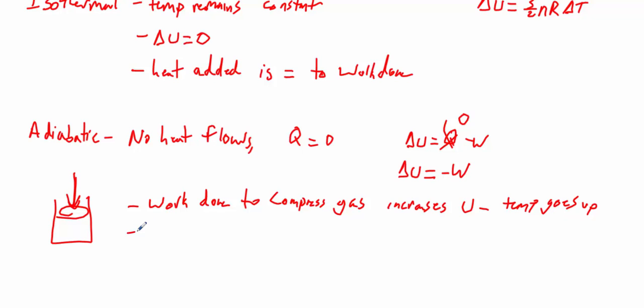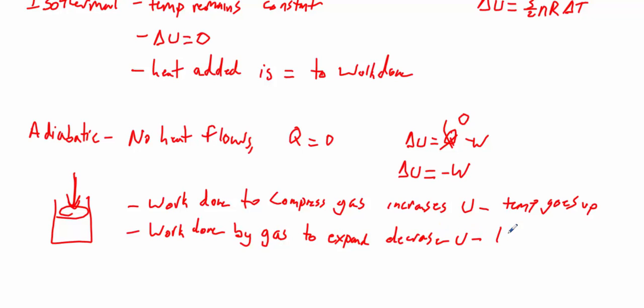So the work done to compress the gas increases the internal energy and the temperature goes up. Conversely, what happens after that explosion? Well, that means this gas does a whole bunch of work to push the piston, and so the work done by the gas to expand decreases U, internal energy, and that means the temperature is going to go down.